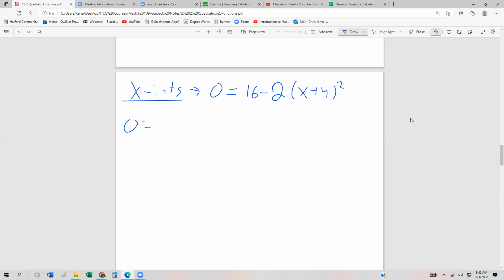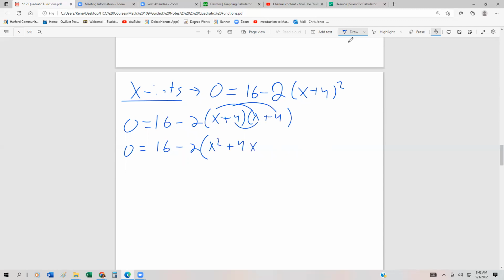So 0 is going to be equal to 16. Oh, not sure what happened there. Thanks, technology. Minus 2 times x plus 4 squared, or 0 is equal to 16 minus 2 times x squared and then 4x, and then another 4x, and then a 16 from this last.